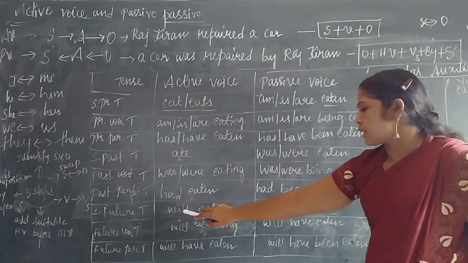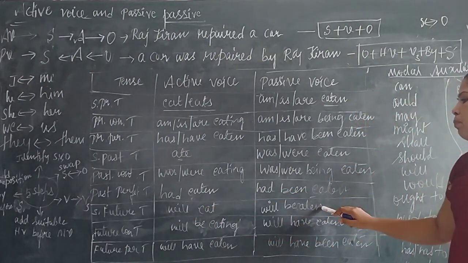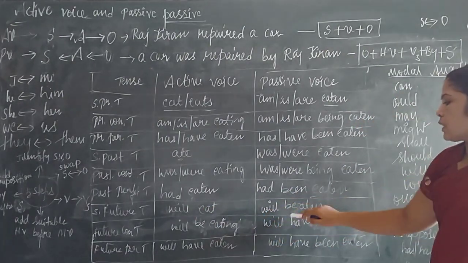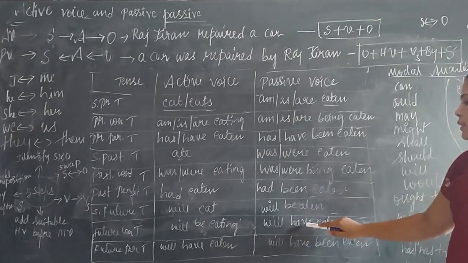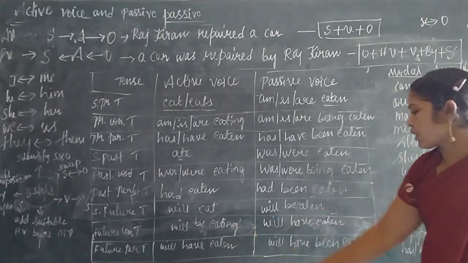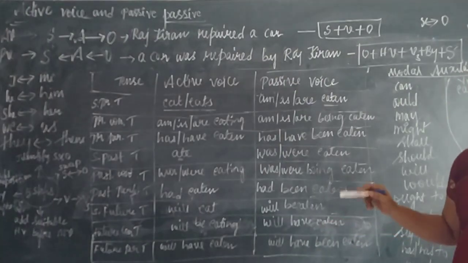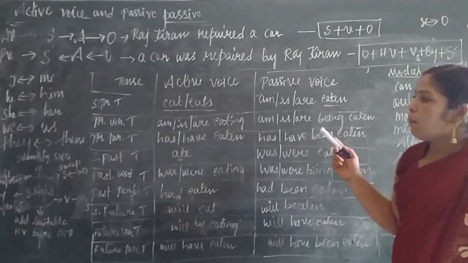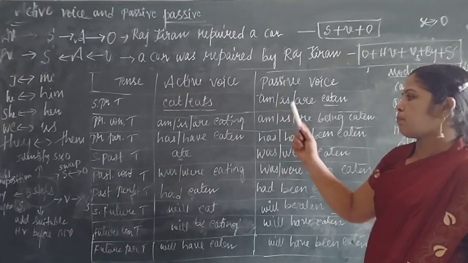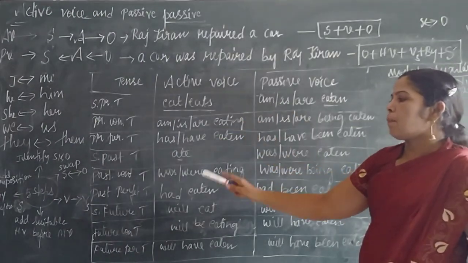In future tense we add "will be," and in future continuous tense in place of "be," it takes "have," and in future perfect tense "will have been."